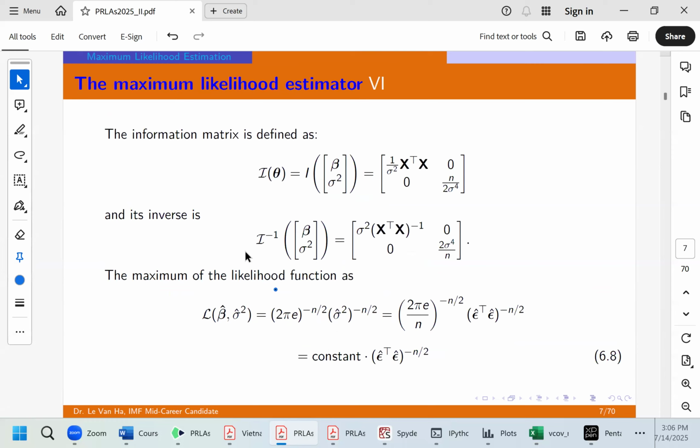Now go back to this: the likelihood function is here. At the maximum point, you take the estimated error term. This is nothing more than the total sum of squares, to the power minus n over 2.